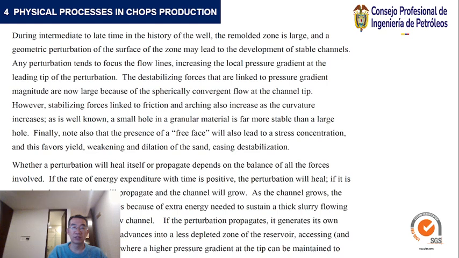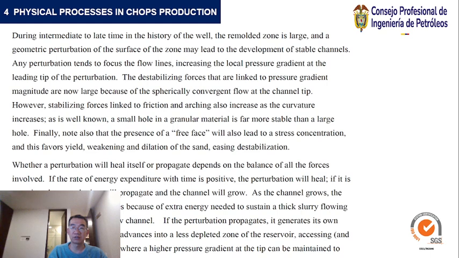If the rate of the energy expenditure with time is positive, the perturbation will heal. If it is negative, the perturbation will propagate, and the channel will grow.